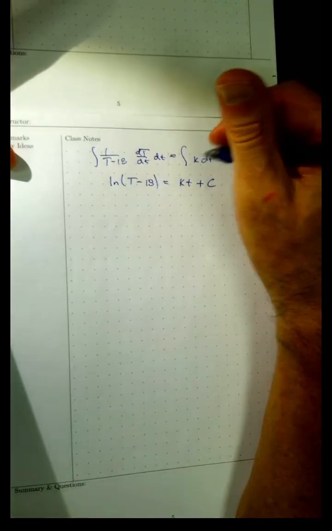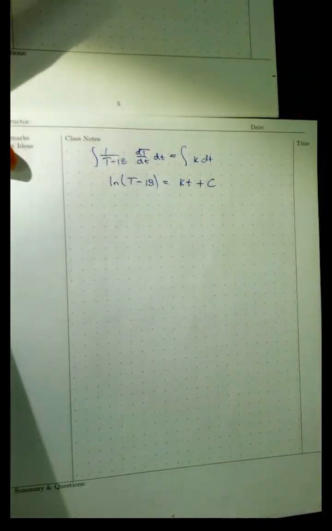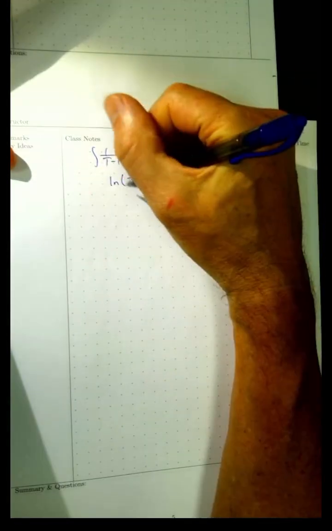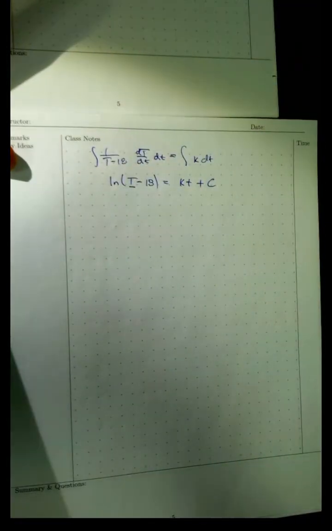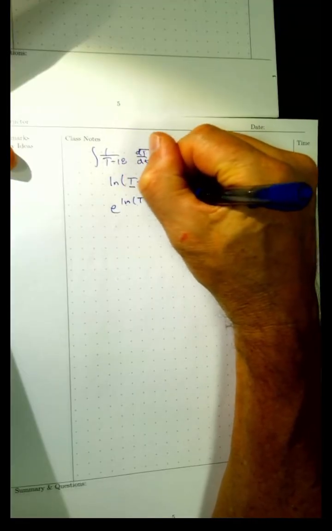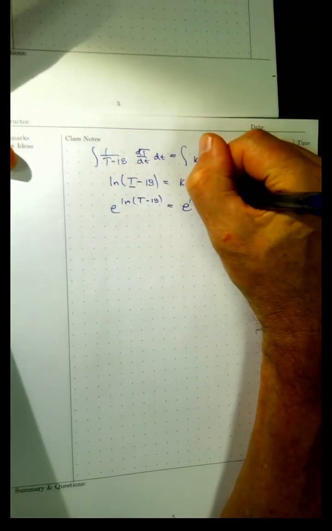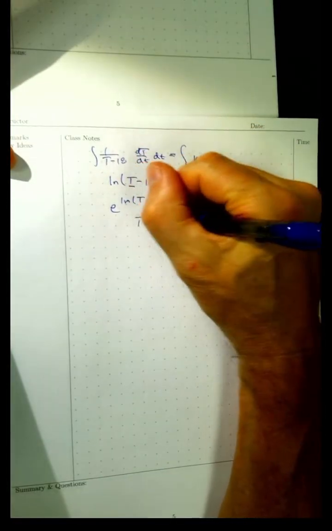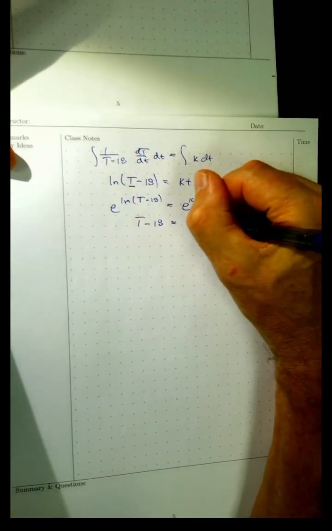And again, let's isolate T and see what happens. So if I take the exponential of both sides, I get that. E to the log of anything is just the anything.